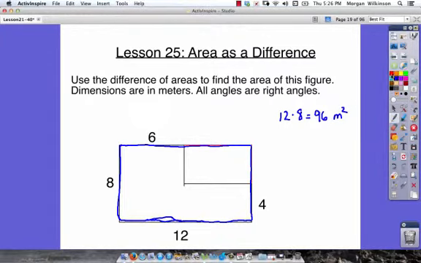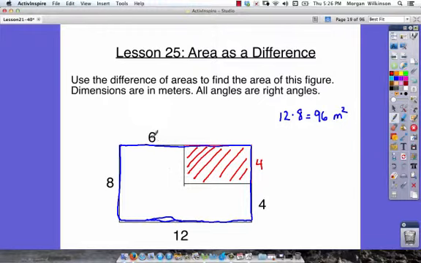Now to find area of a difference, we need to find the area of this piece. If we can find the area of this piece on the top right and subtract it from everything we just found, that tells us what the area of our original figure was. If our first vertical piece is 4 and the whole vertical is 8, the next vertical piece on the right must be 4.